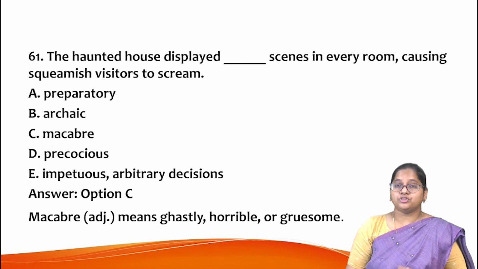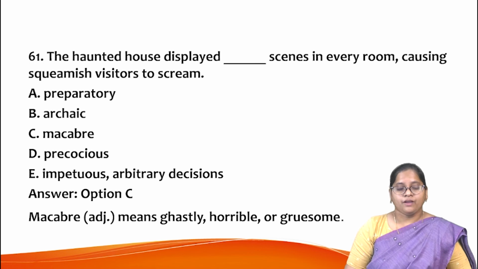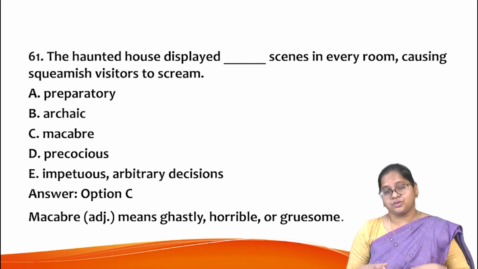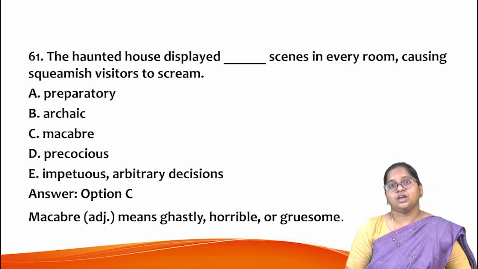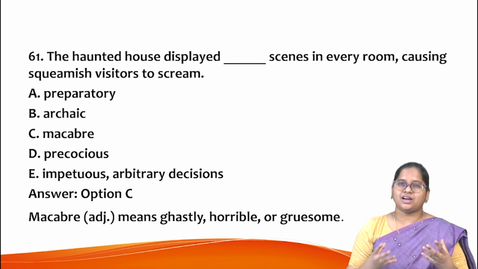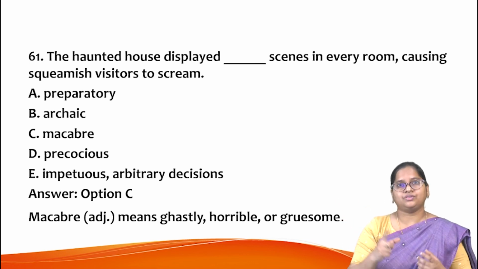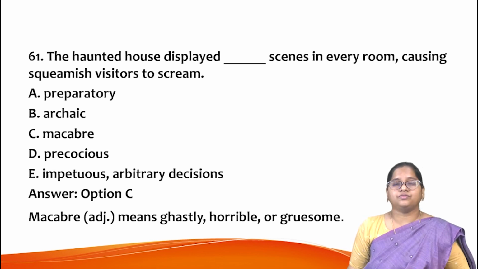Macabre means horrible, gruesome. Precocious means unusually intelligent. Impetuous means arbitrary, momentary, impulsive decisions. Obviously macabre means gruesome pictures. So this is a very dark and fearful atmosphere. Macabre scenes means fearful scenes.